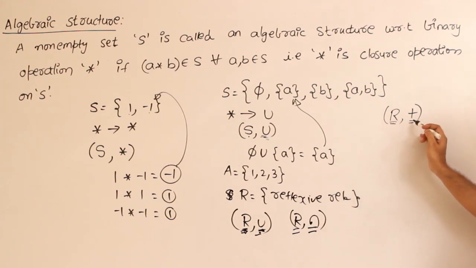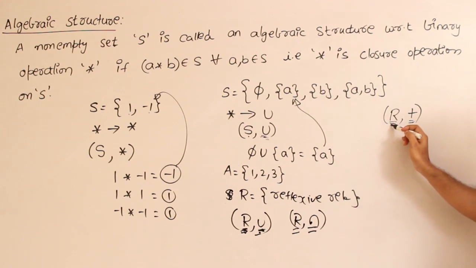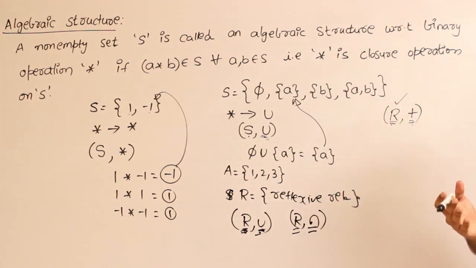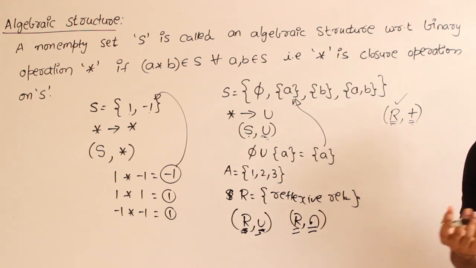Therefore, since they are closed under addition, we can say that the set of all real numbers with respect to the operation addition is an abelian structure, and in this case R is infinite. Therefore a set can be finite or infinite.